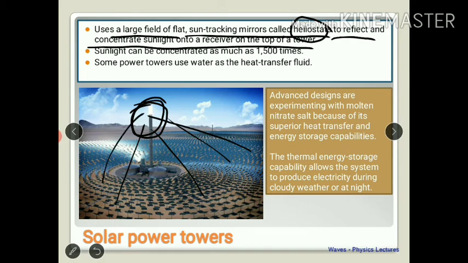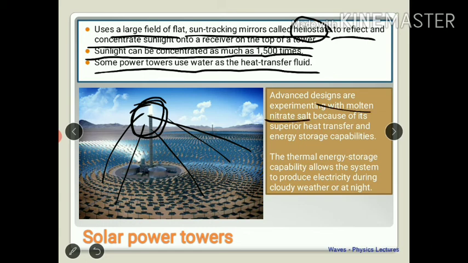This makes the sunlight so concentrated that it is 1500 times more than with other solar panels. Some power towers use water as the heat transfer fluid, which is quite efficient. Advanced designs use molten nitrate salt because it has superior heat transfer capability and energy storage capability.